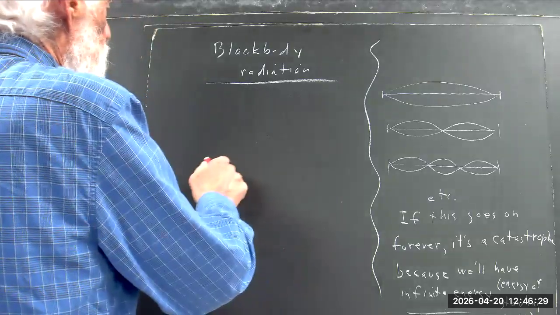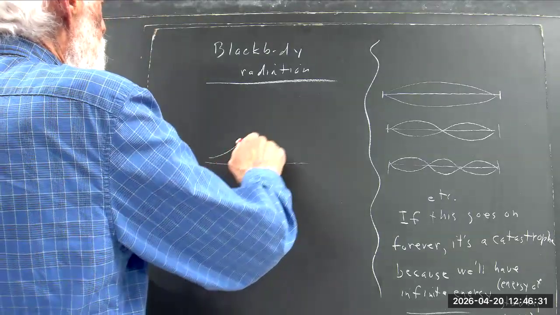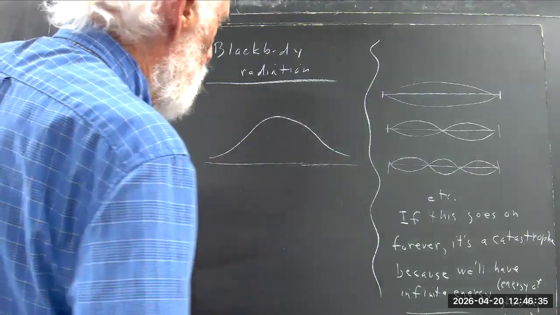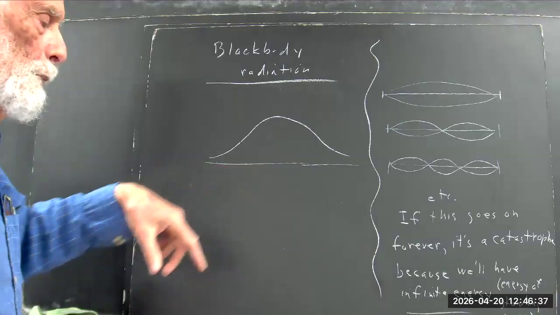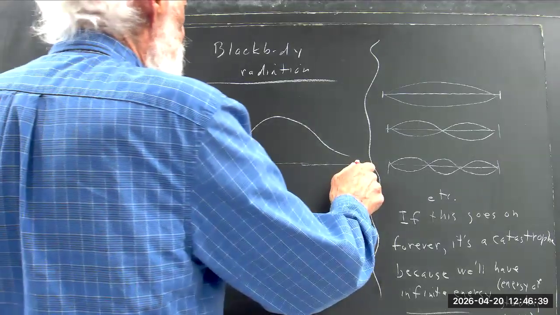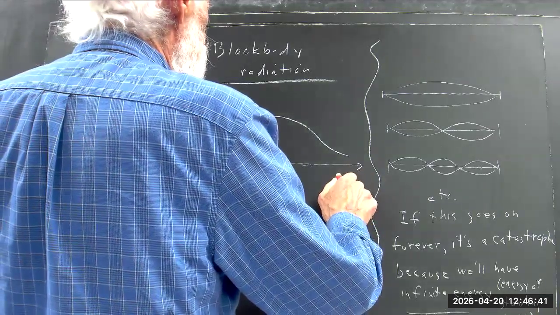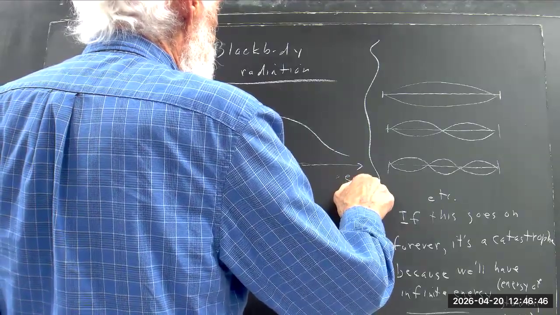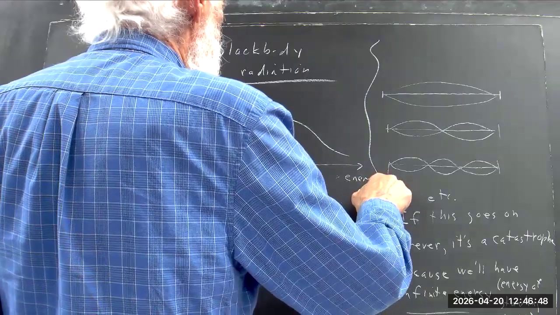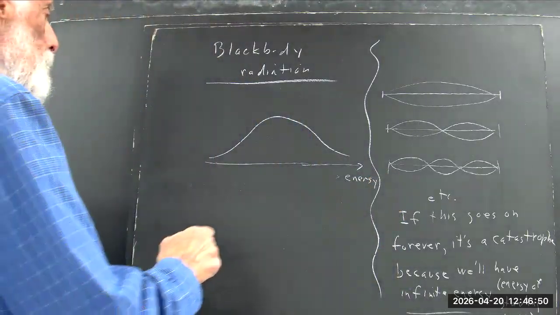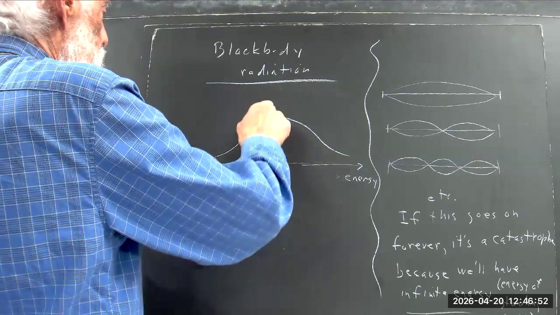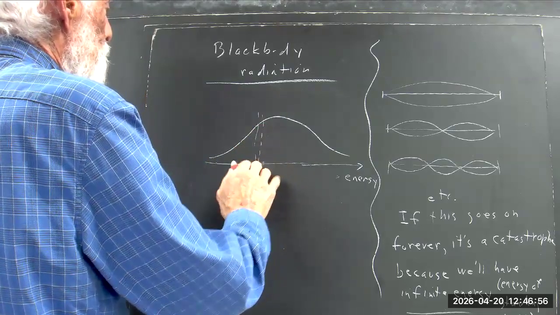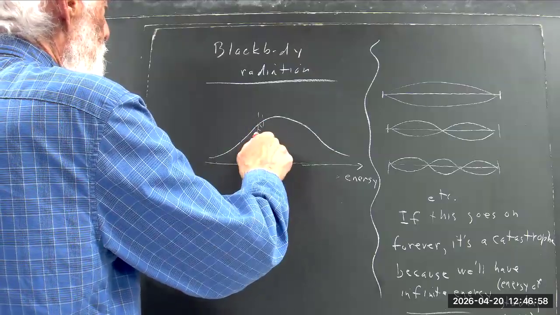Now, what we observe is that the amount of energy we get for any interval, this is not a good curve.